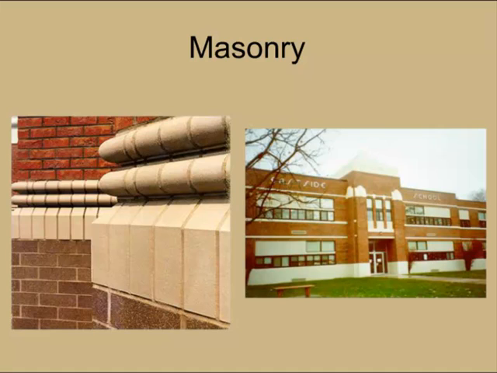So the joint profile that you're really looking for is a concave mortar joint. You really want to make sure it's well tooled. When a joint is tooled properly, it compresses the mortar, making it more dense, more resistant to moisture penetration, gives a better bond to the masonry, and is really a more effective joint.